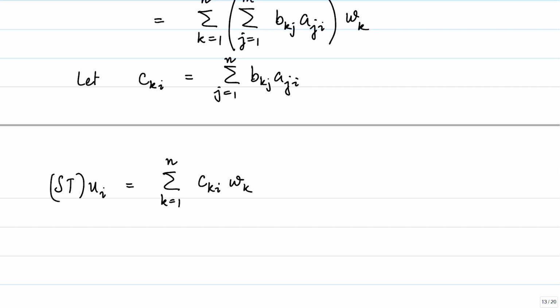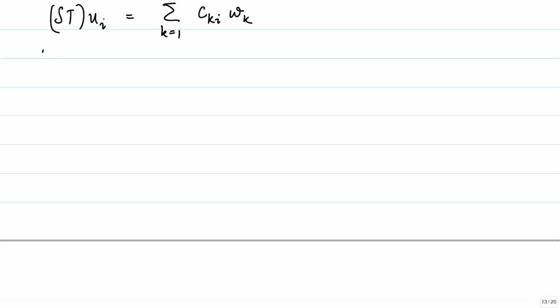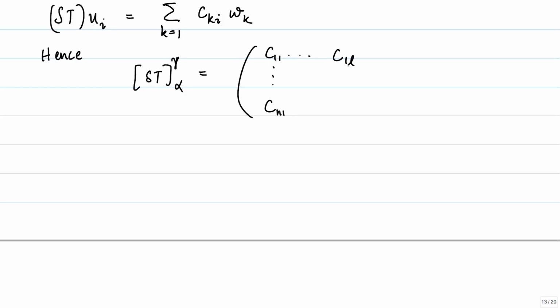So what is the matrix of ST? Hence, the matrix of ST with respect to alpha gamma is nothing but C11 to Cn1, through to C1L to CnL.